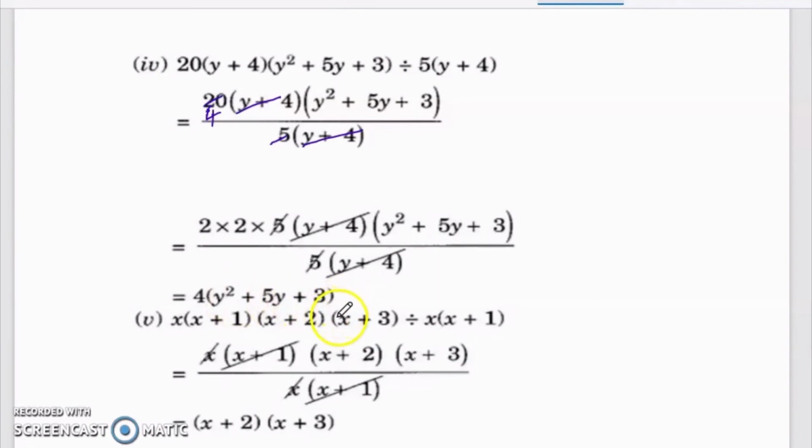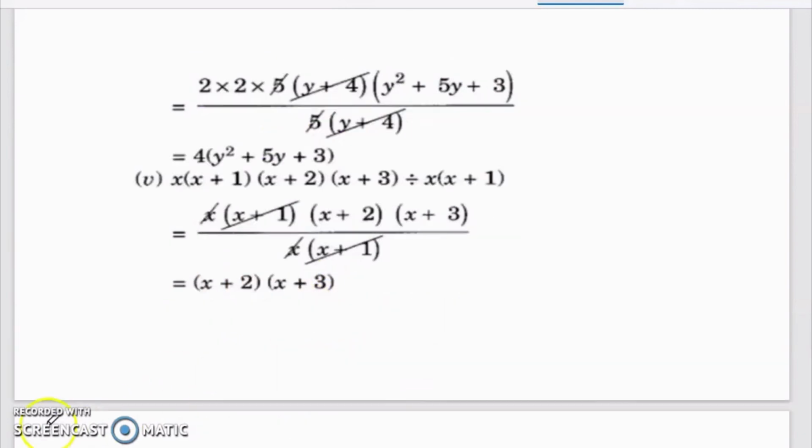This will be the final answer. Fifth one is x into (x + 1) into (x + 2) into (x + 3) divided by x into (x + 1). So here x into (x + 1) is there in both numerator and denominator. That you can cancel out, and these two terms will remain: (x + 2) into (x + 3). This will be the answer.